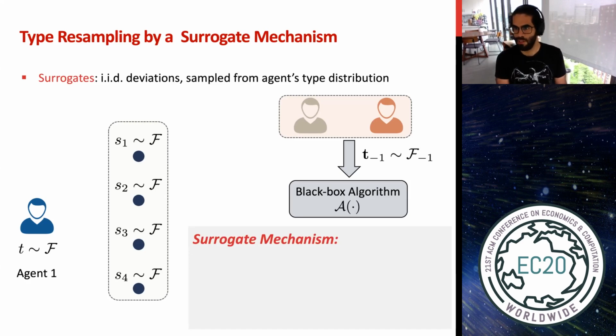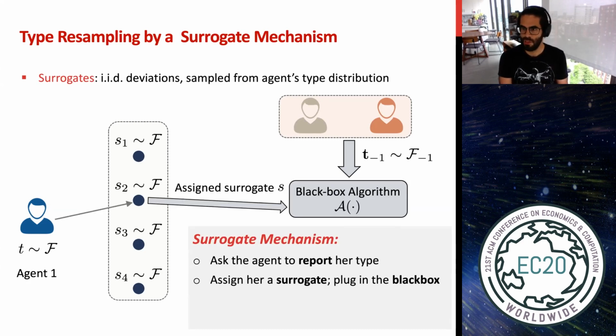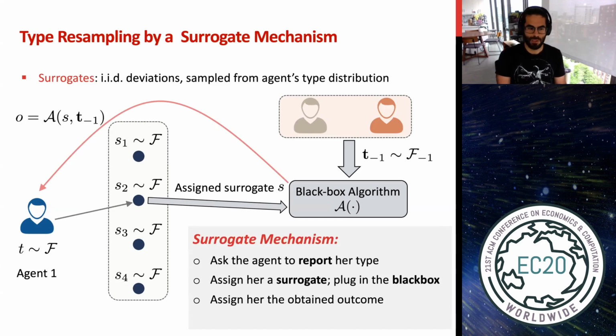Through a procedure I'm going to call a surrogate mechanism. In the surrogate mechanism, I ask the agent to report her type. Then, given the reported type, I pick one of these IID samples as the resample type, and I plug that into the allocation black box while the other agents have plugged their types in truthfully. This gives me an outcome, and then I charge the agent some payment.